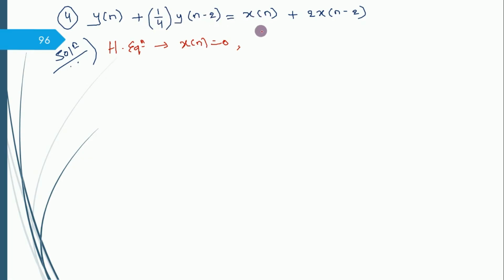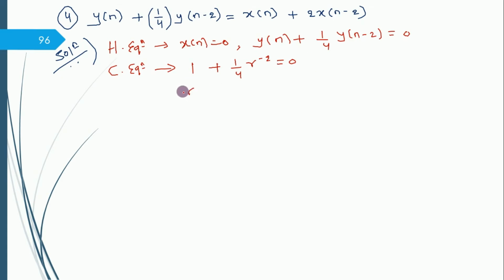That I write it here: y of n plus 1 by 4 y of n minus 2 equal to 0. Now the characteristic equation. So replace with r raised to 0 is 1 plus 1 by 4 r raised to minus 2, this is equal to 0. So multiplying with r square throughout, I get r square plus 1 by 4 is equal to 0.